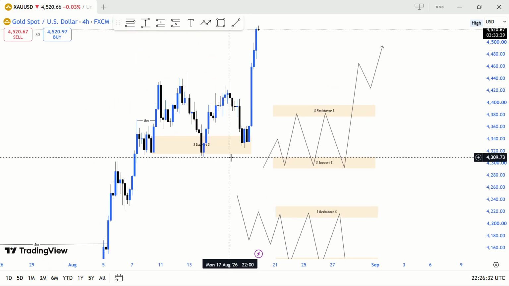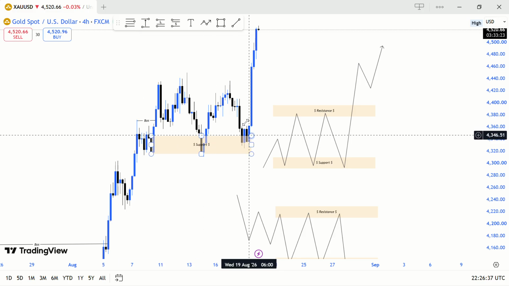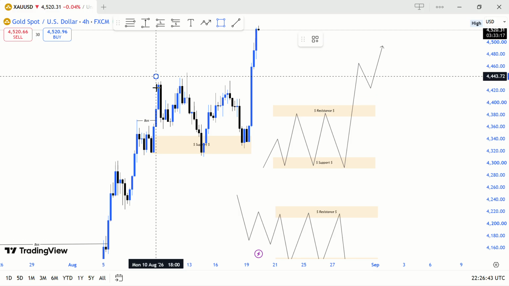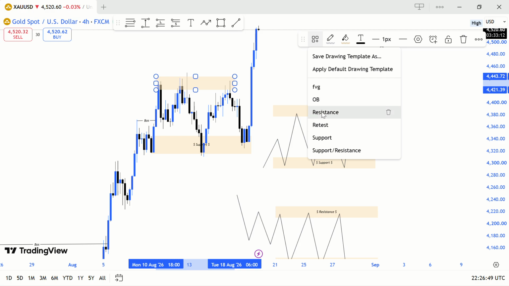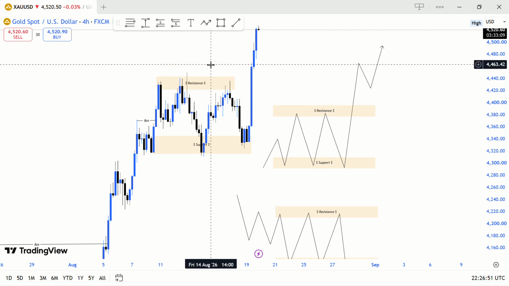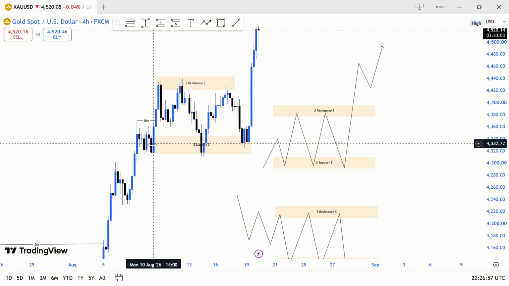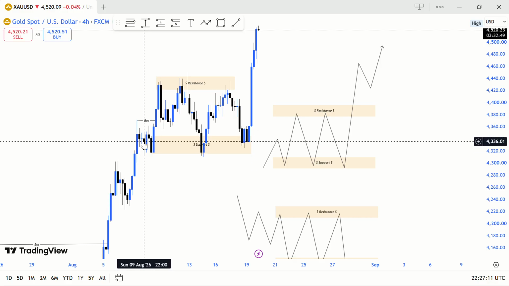Likewise, in this area, the 3 touches were from the support level. So you might be thinking, why didn't it shoot from this resistance level, since I was talking about a third touch? Now you notice that after this other block, which I call the first touch, this was the main order block, which started the whole thing.